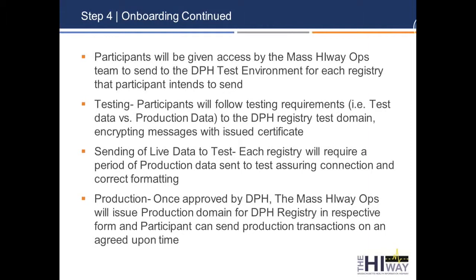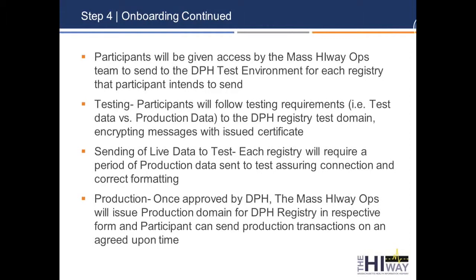We'll work hand in hand with the folks from DPH to validate that the transport occurred, validate that they're seeing the messages on their side, and then DPH will provide feedback on any changes that are needed with the submission going forward.